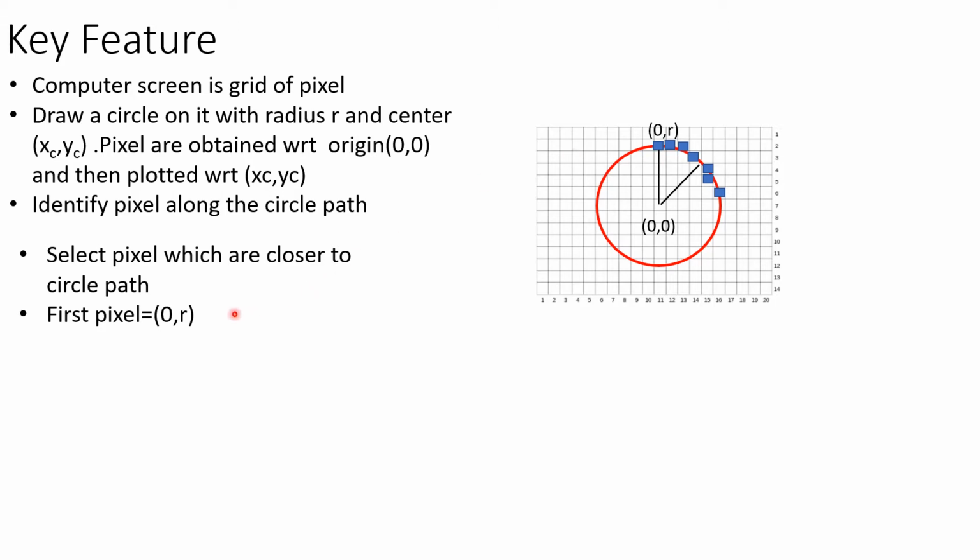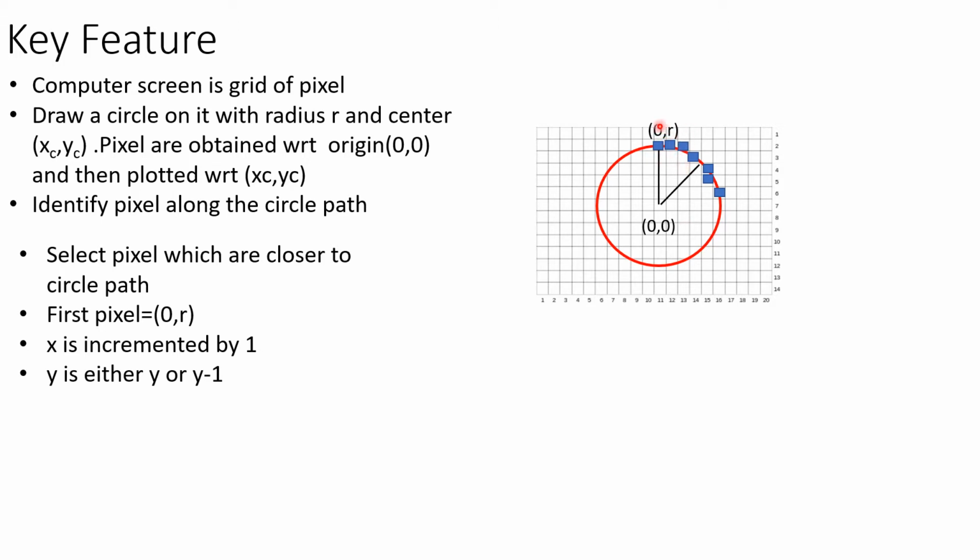Every time the first pixel will be 0, r, because we are considering this as the y-axis and this as the x-axis, with 0, 0 as the origin. So this is the radius, and the first pixel will be 0, r. Inside the loop, during the calculation, the value of x will be incremented by 1 and a decision will be taken on y, whether it will be y or y minus 1.